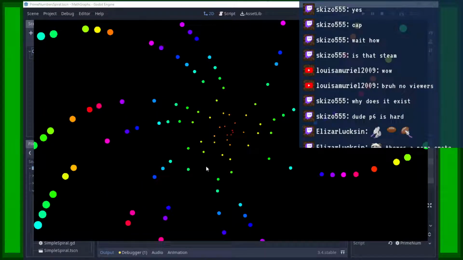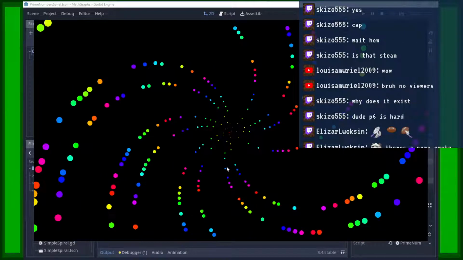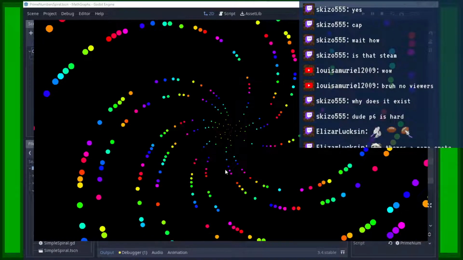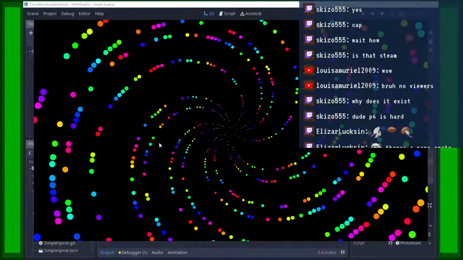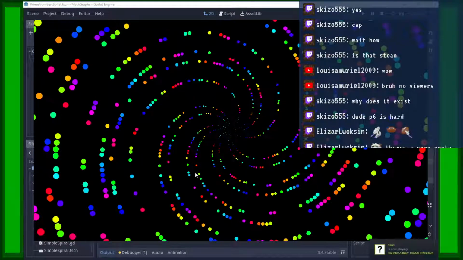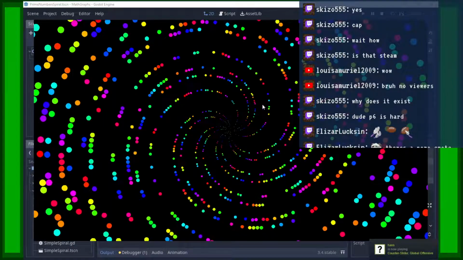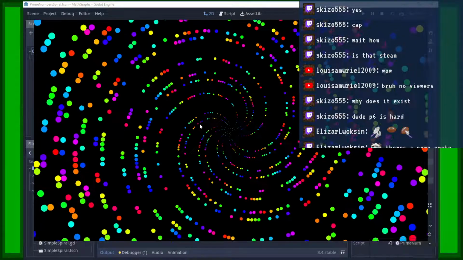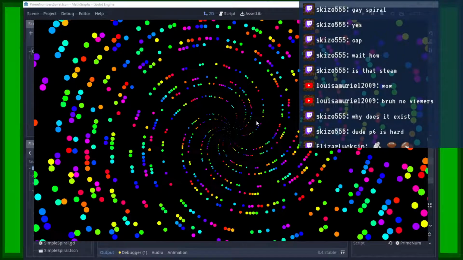I made a spiral with code. Goes on forever. Very pog. Very proud of this work. Look, Luisa.